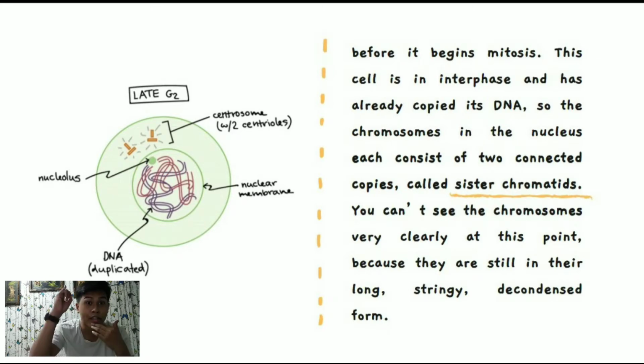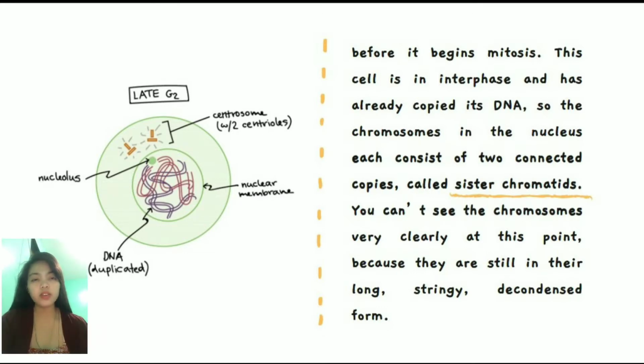Before mitosis begins, the cell in interphase has already copied its DNA. So the chromosomes in the nucleus each consist of 2 connected copies called sister chromatids. You can see the chromosomes very clearly at this point because they are still in their long, stringy form.